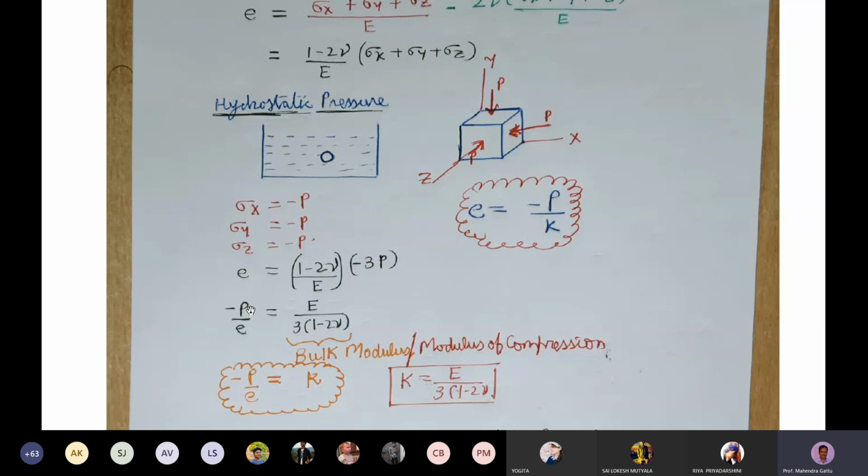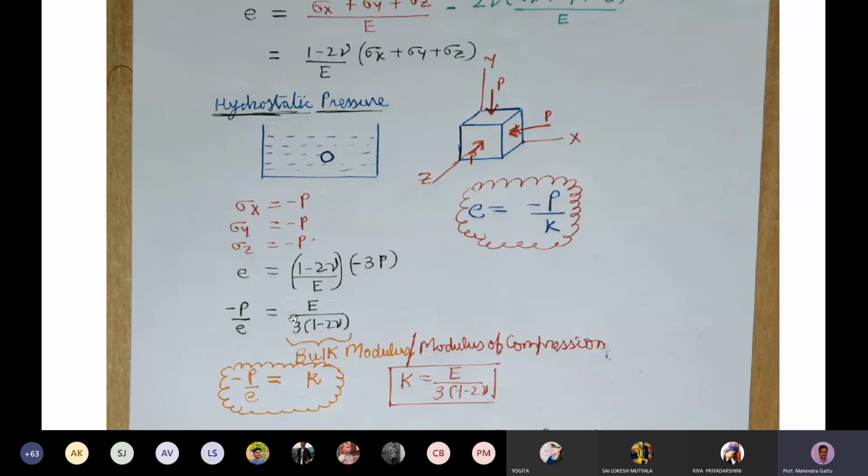It's like force by deformation, or P by E is equal to K. So this is like a stiffness term. Bulk modulus is like a stiffness term. So the higher the bulk modulus, the lower the dilatation.